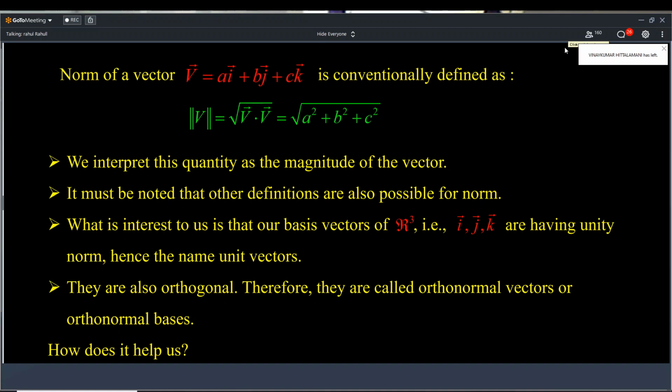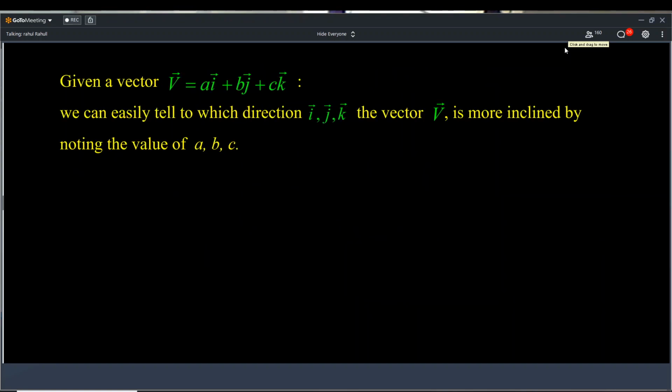So we are saying here that if the norm of a vector is unity, then we call this vector a unity norm vector. Now, given the vector V = ai + bj + ck, we can simply tell in which direction of i, j, k the vector V is pointing by observing the coefficients a, b, and c.